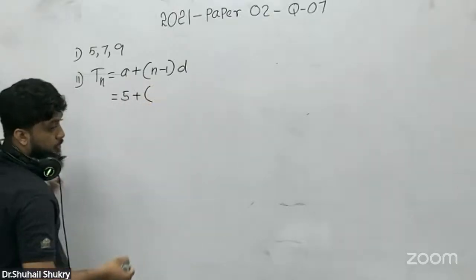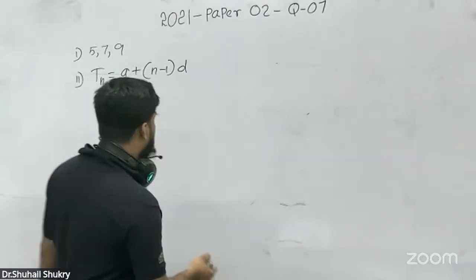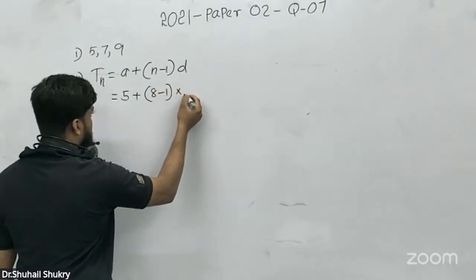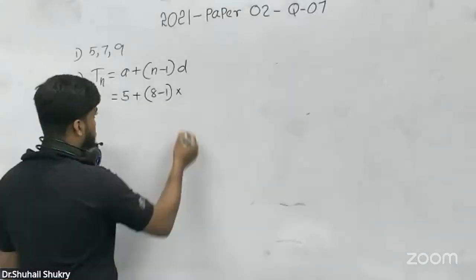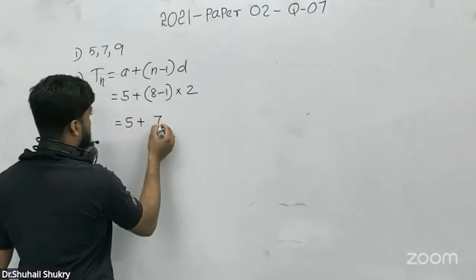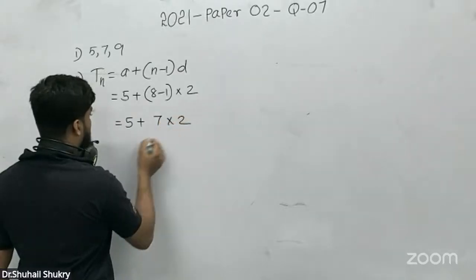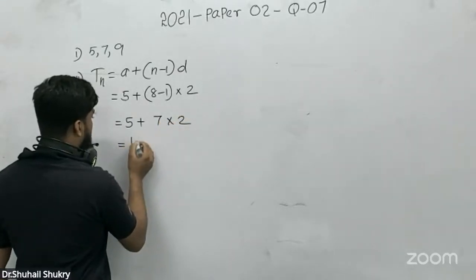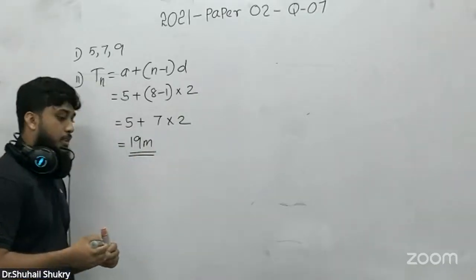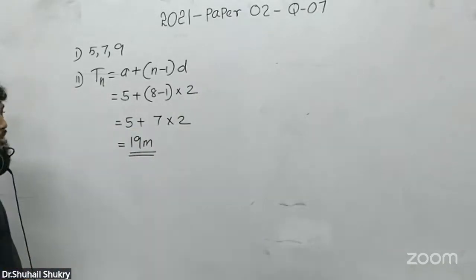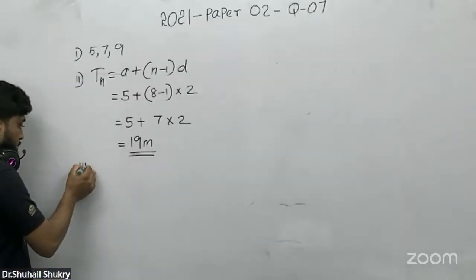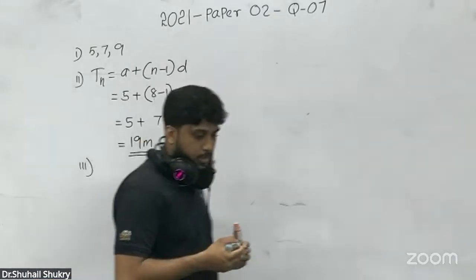For the 8th flowering bush, so I have to write 8 minus 1. d is 2. Then I can write 5 plus 8 minus 1 times 2. 7 into 2 is 14 plus 5. Directly you can write 19 meters here. But no need to write another step like 5 plus 14. Not necessary. You will get full marks for this. Number 3, I will discuss the marking at the end.